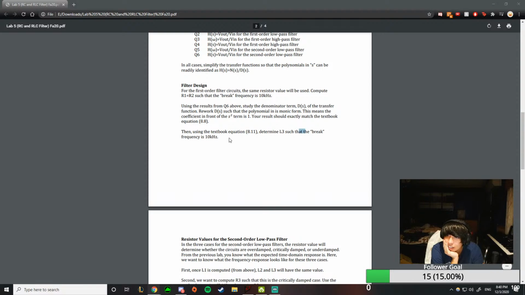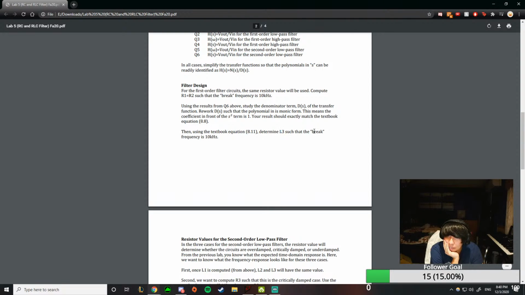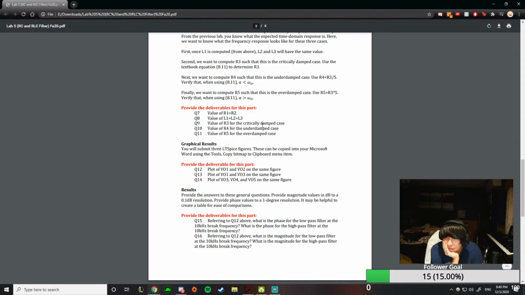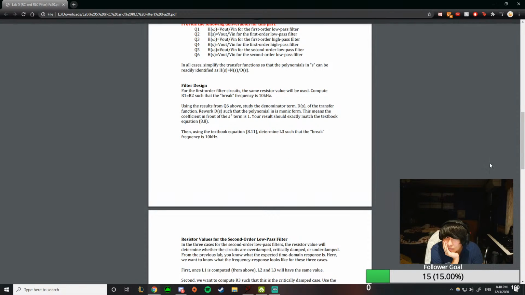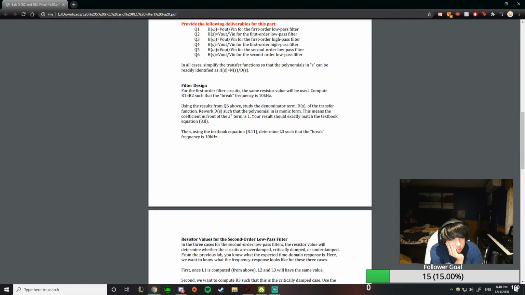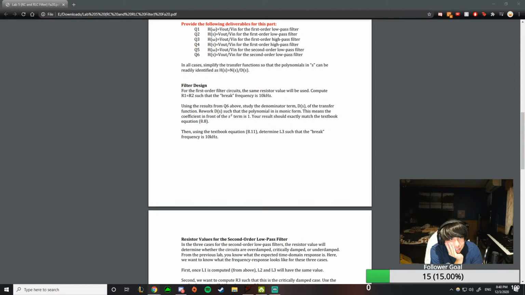Where is this equation? Then use the equation 8.11 to determine L3 such that the break frequency is 10 kHz. What? It's 8.22 already. Where's the equation 8.11? 8 point.